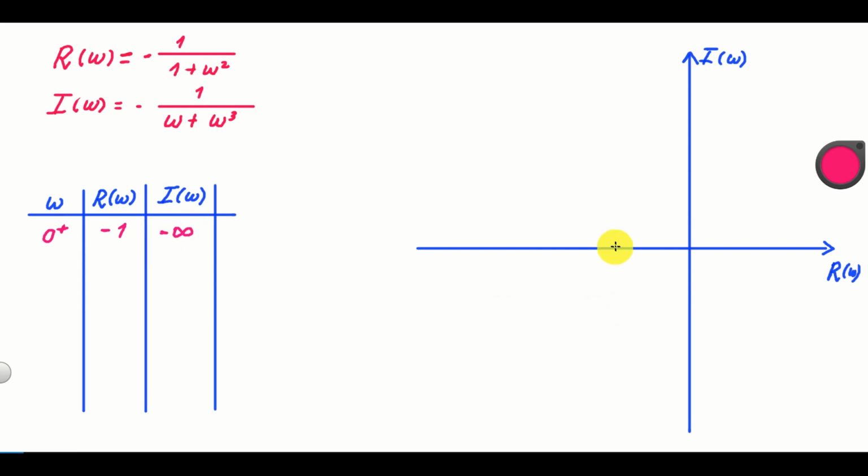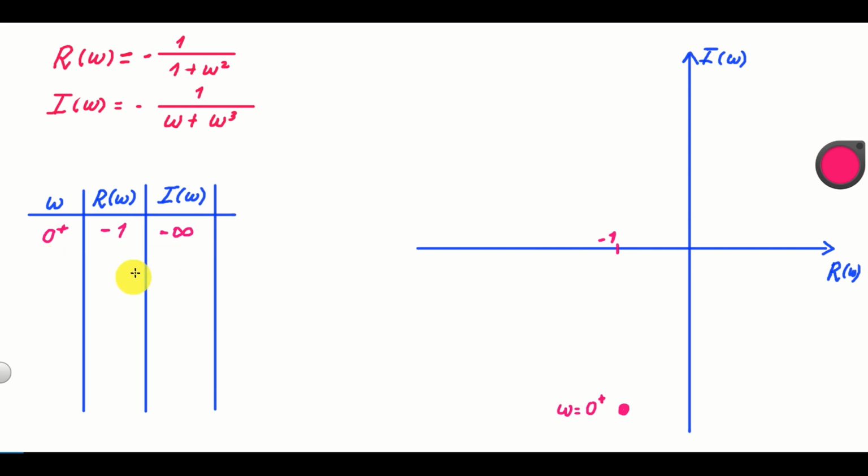Consequently, over here, we can sketch the point. This is minus 1, and the imaginary part is minus infinity. I will denote this point over here. And this is the point obtained for omega equal to 0 plus.